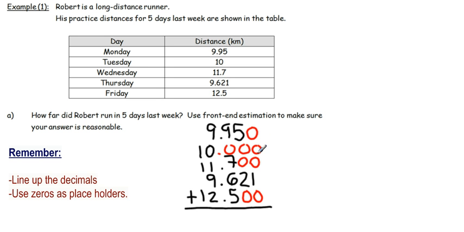So 0 plus 0 plus 0 plus 1 plus 0 is 1. 5 plus 2 is 7. 9 plus 7 is 16, plus 6 is 22, plus 5 is 27.